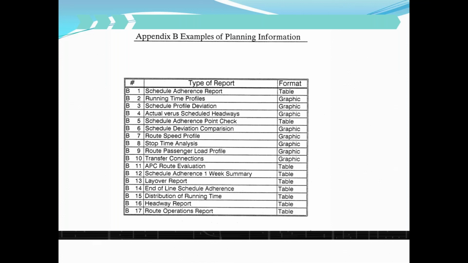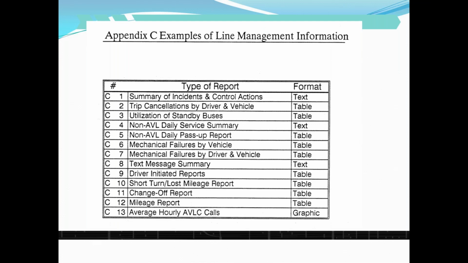And you can see the kinds of things that I think most transit agencies are very concerned about. Then there were the ones related to operational control, line management. It has to do with reports on mechanical failures and pass-ups and broken buses and so forth, and trip cancellations.